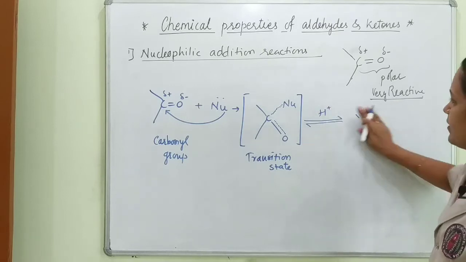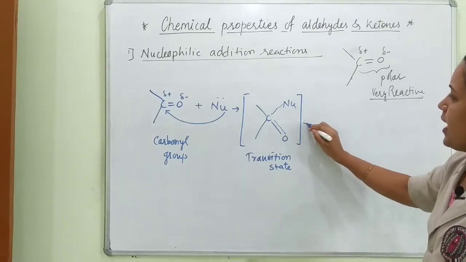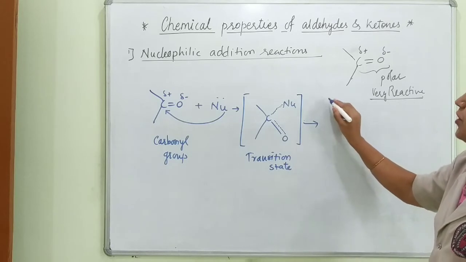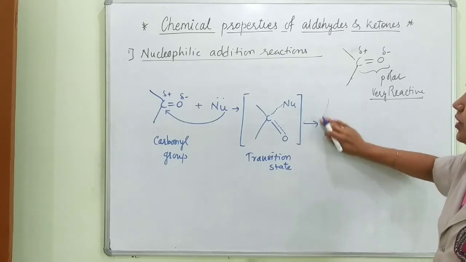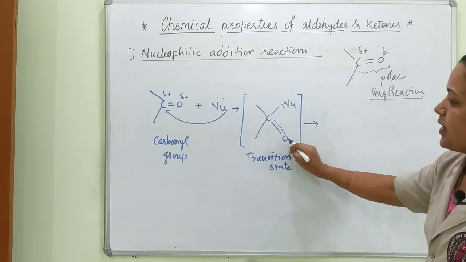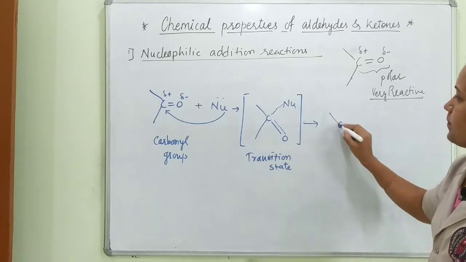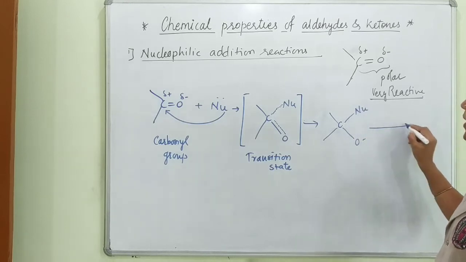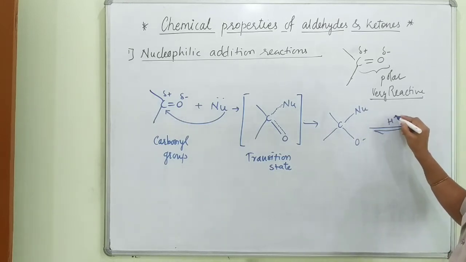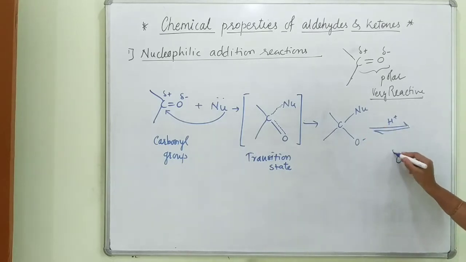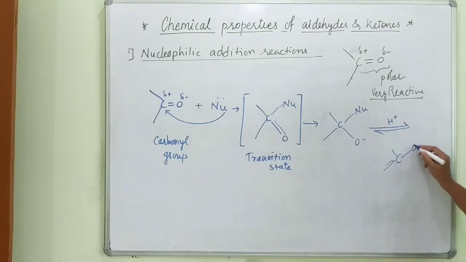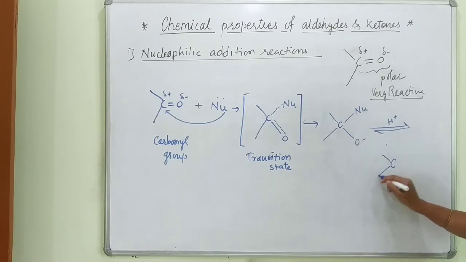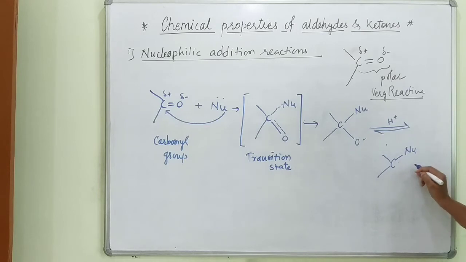This transition state will first convert into a form where this bond is taken by oxygen, and then here is the nucleophile. When there is addition of H plus ion, we can see the formation of the desired product, with the nucleophile attached, and the oxygen becomes OH.